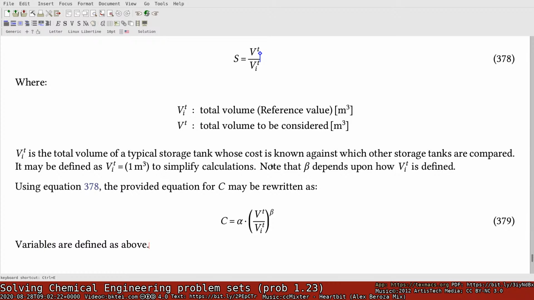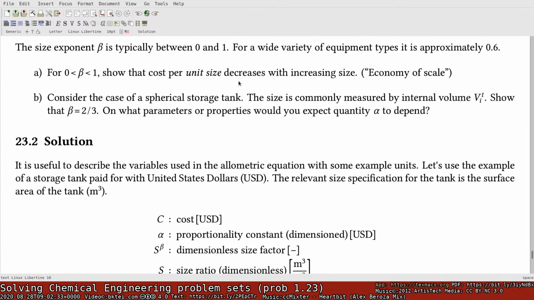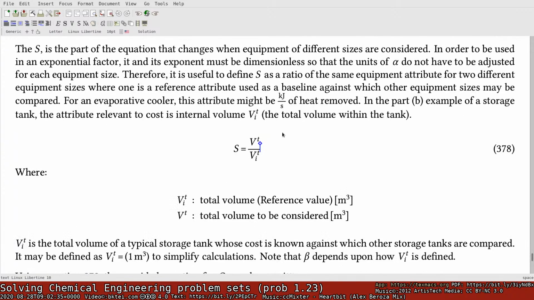Okay, variables are defined as above. Part A asks for a cost per unit size.